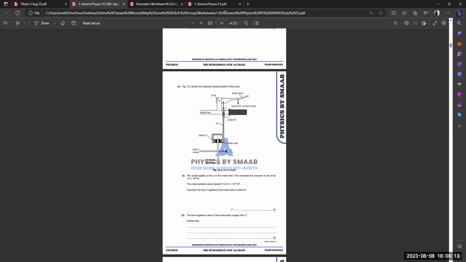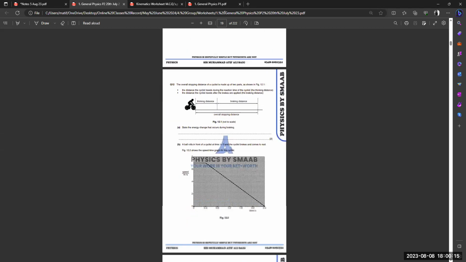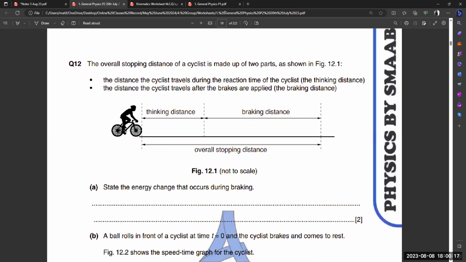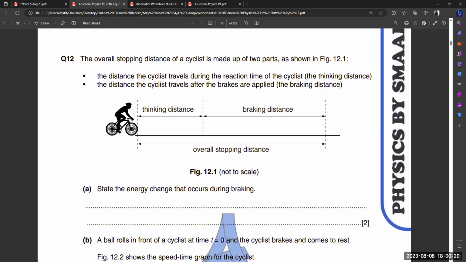Okay, so this is the question. In this question, the overall distance of the cyclist is made up of two parts.